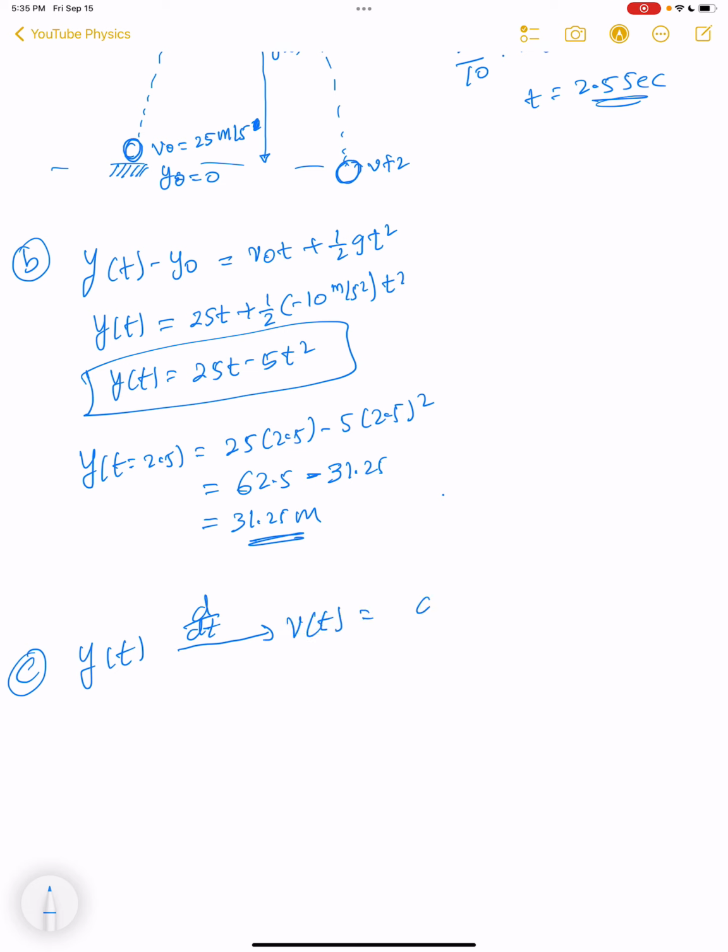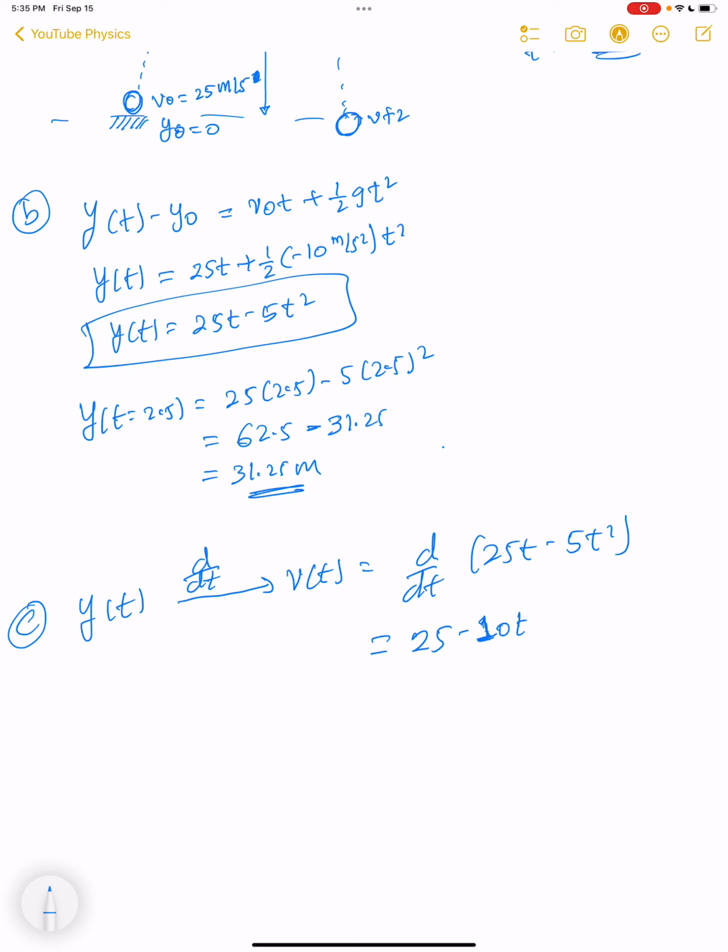So d/dt of 25t minus 5t squared becomes 25 minus 10t. So v of t equals 25 minus 10t.